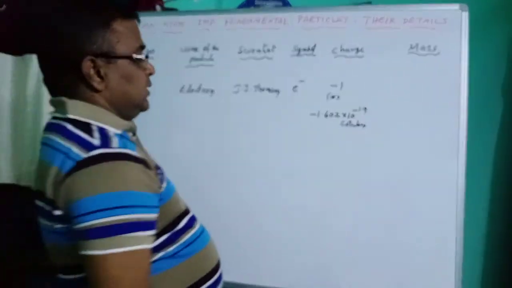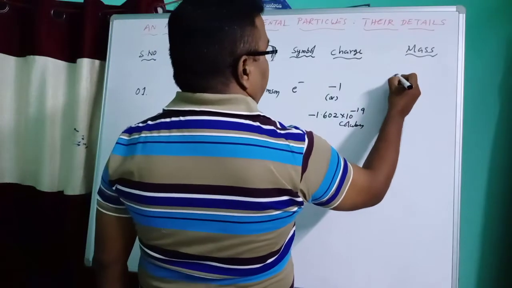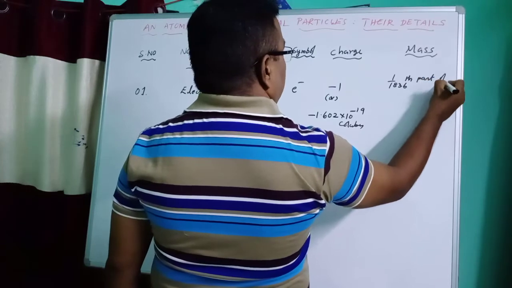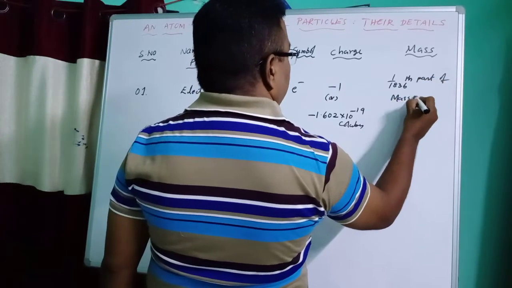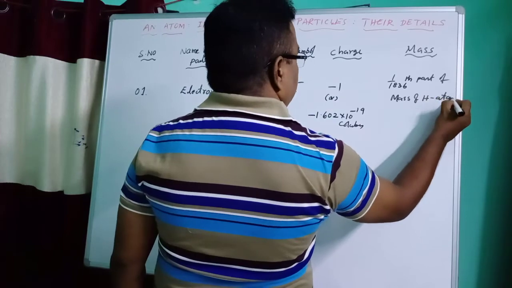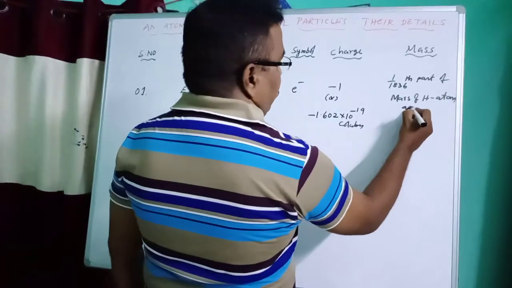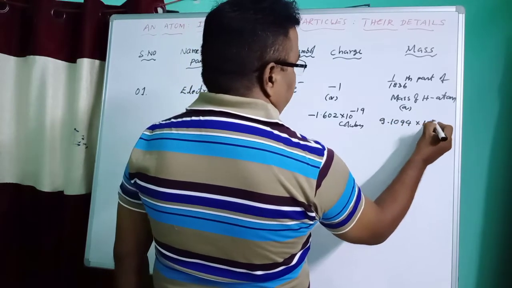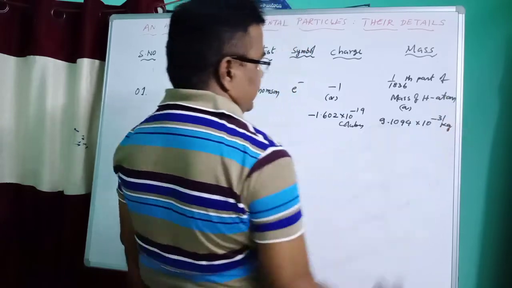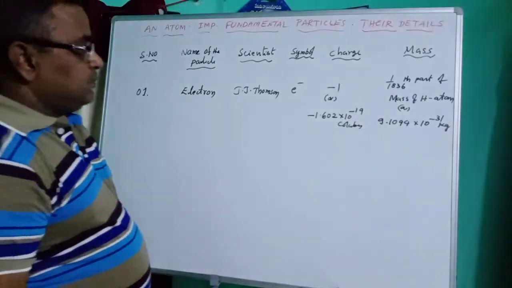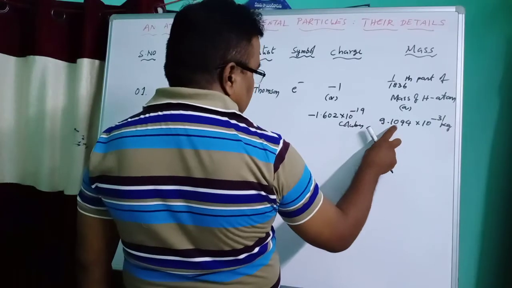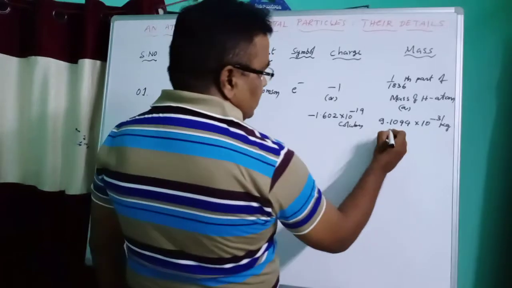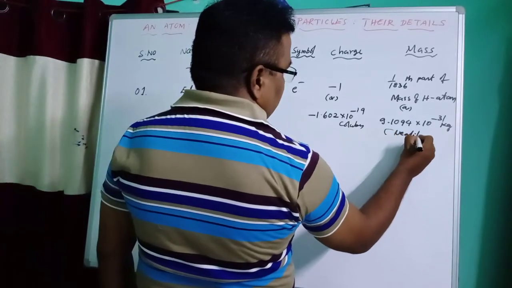So mass of the electron is 1 by 1836 part of the mass of a hydrogen atom, or in values 9.1094 into 10 power minus 31 kg. It is a very low value, so it is negligible.